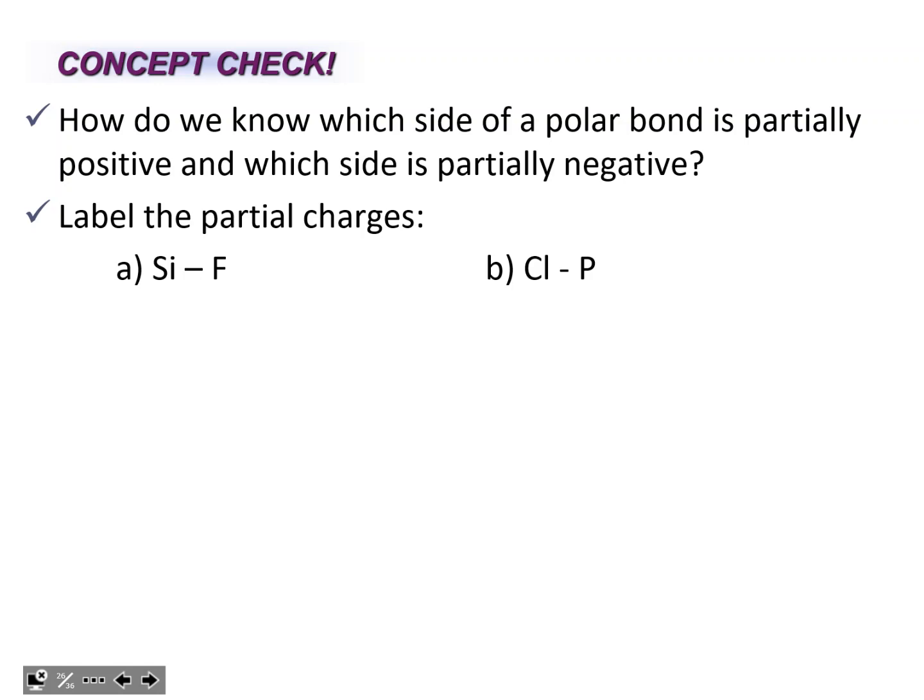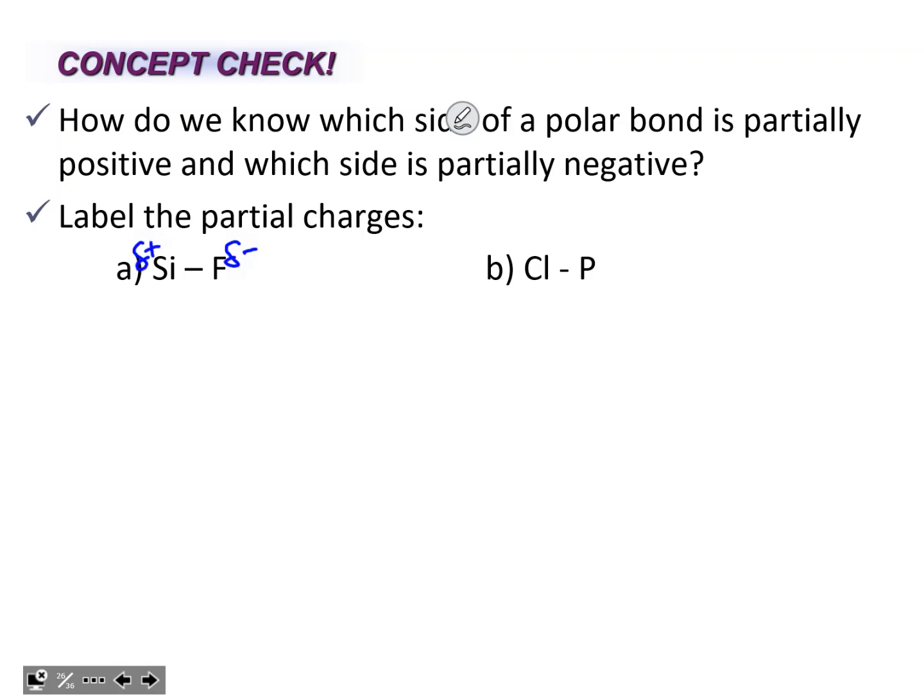And in that particular case, the more electronegative element should be having the electron density more around it. So what side would be the partial charge there? Out of these two, silicon and fluorine, which one's more electronegative? Fluorine. So fluorine, of course, is going to get the partial negative. The silicon would get the partial positive.